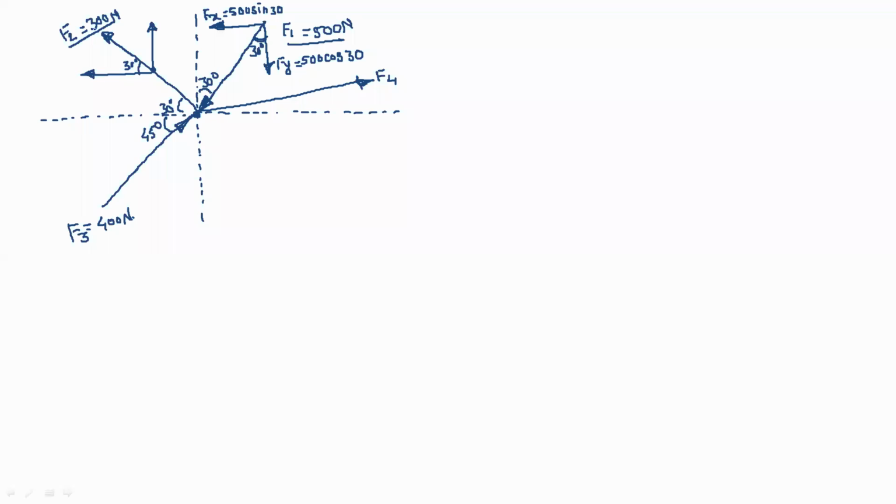And this component will be 300 cos 30, so this will be Fx. And this Fy component will be 300 sin 30. Now resolve the F3 force, 400 Newton. Select any one point, draw the parallel line to the y-axis, parallel line to the x-axis, observe the arrow direction.